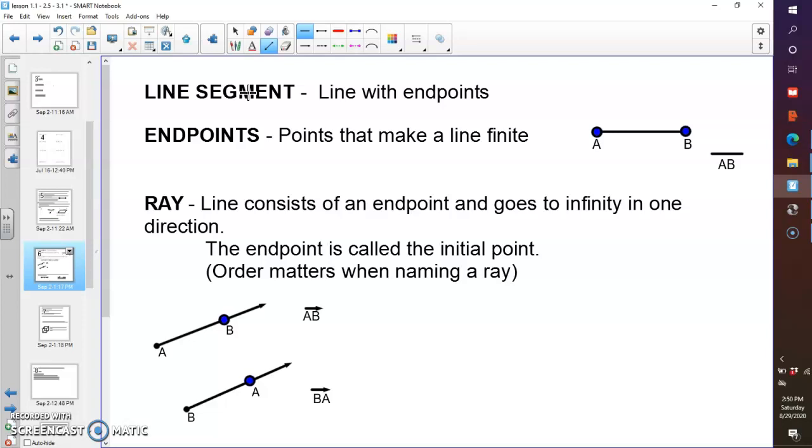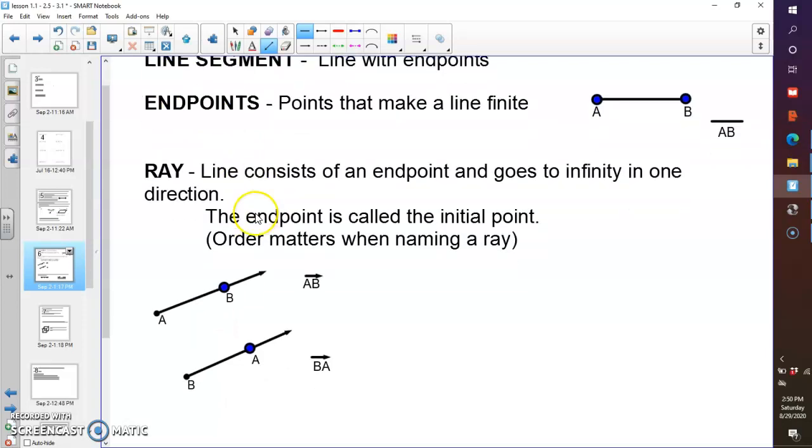Okay? Our next term is ray. A ray is kind of like a flashlight where you have a line that extends from one point. Okay, so the flashlight where you're holding it is kind of the endpoint of that ray, and the light beam that shoots out, if we can imagine that light beam shooting out forever, that would be the ray.